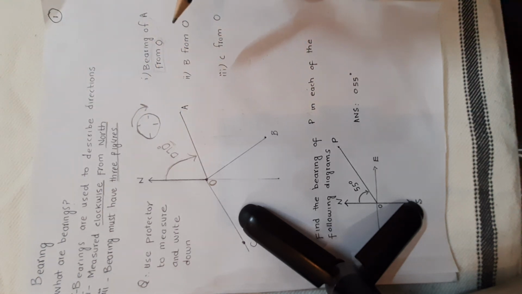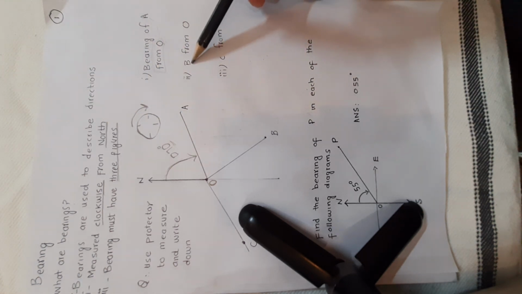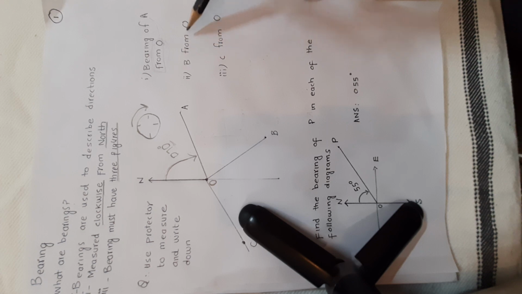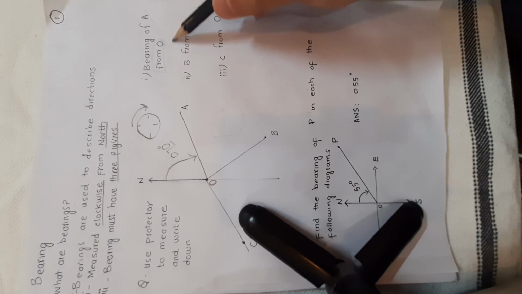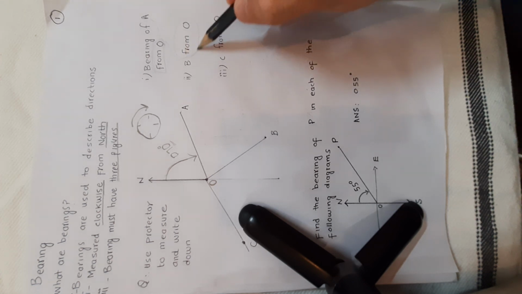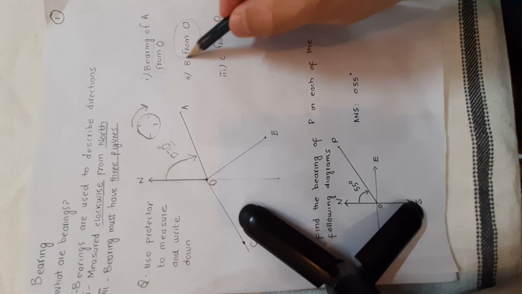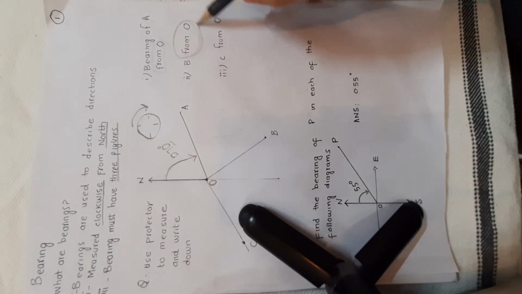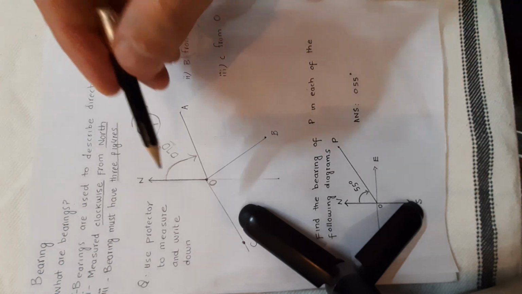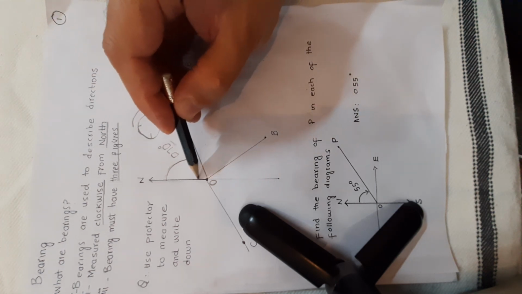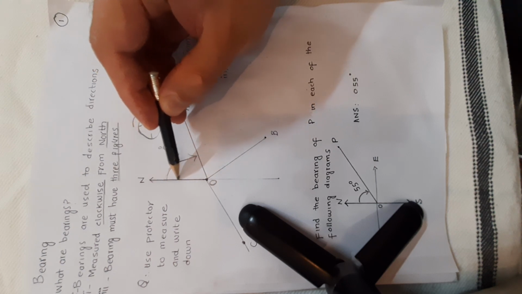Now, in part B, you have to measure the bearing of B from O. This is very important. From O means draw your north at O. Now, at O, north is already drawn.